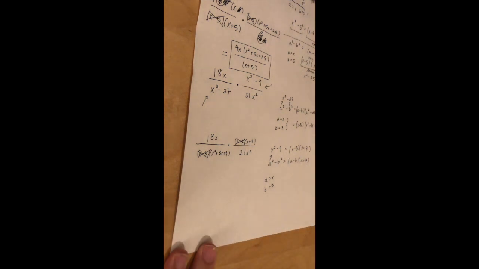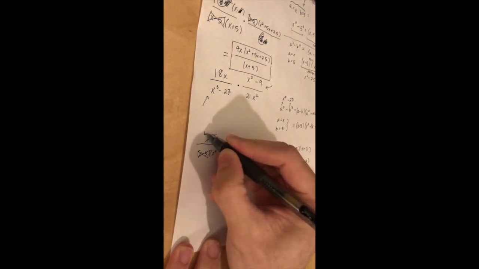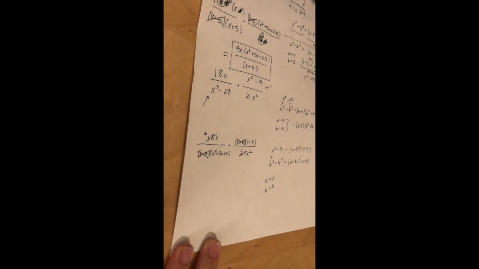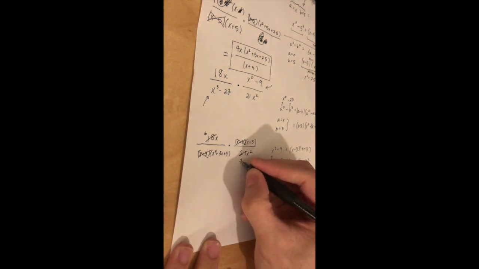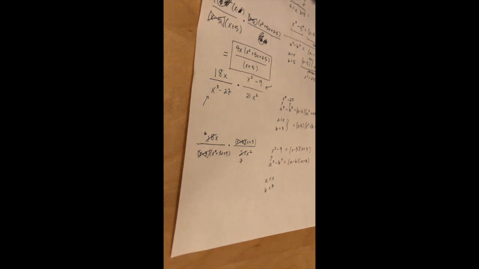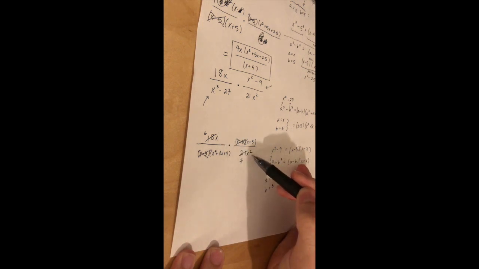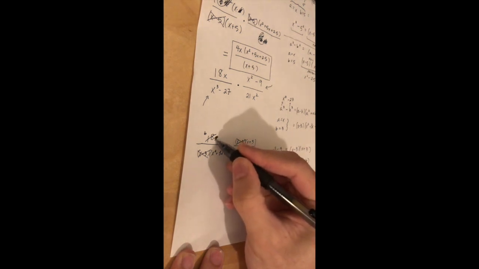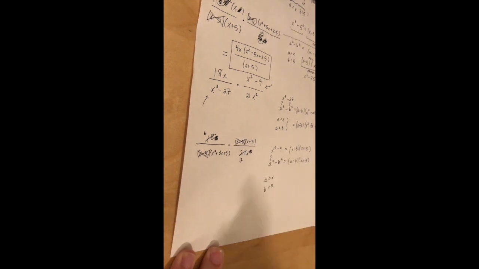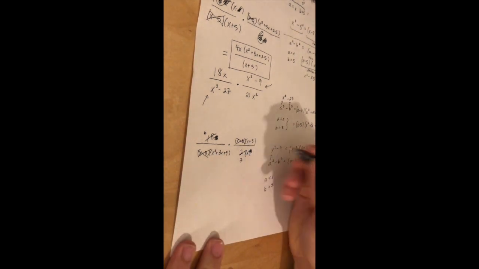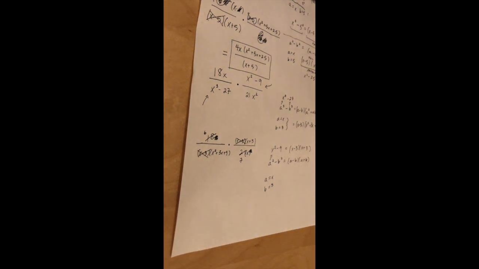We can divide both by 3. 18 divided by 3 is 6 on top, and 21 divided by 3 is 7 on the bottom. And this x can cancel one of these x squared, turning x squared down into an x, so we have 7x down there.